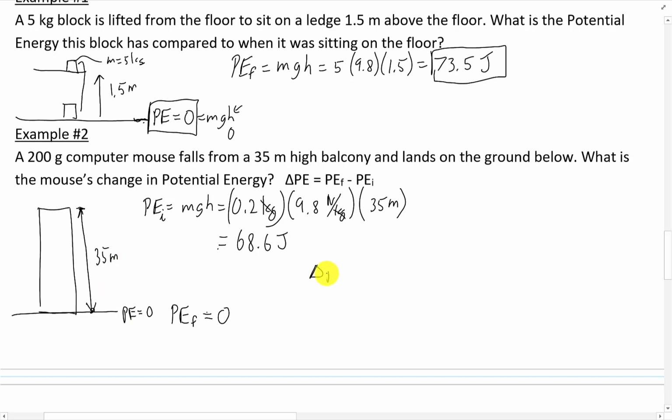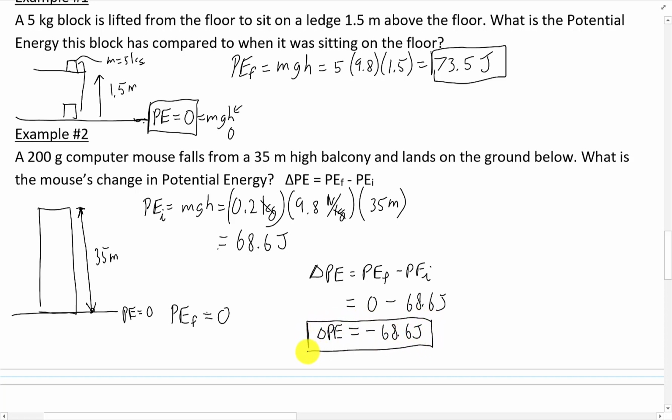So the change in potential energy is potential energy final minus potential energy initial, and that is 0 minus the 68.6 joules. So the change in potential energy of the mouse is negative 68.6 joules. So there's a change in potential energy, and it's a negative. It's losing potential energy as it falls.